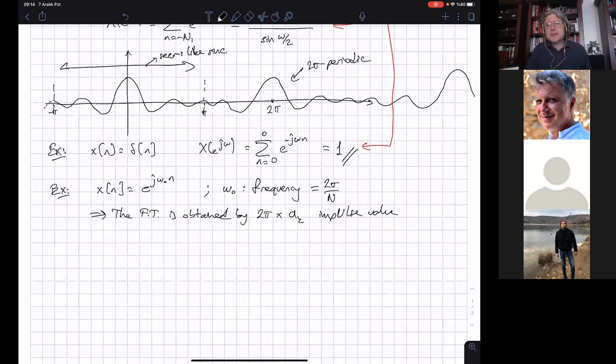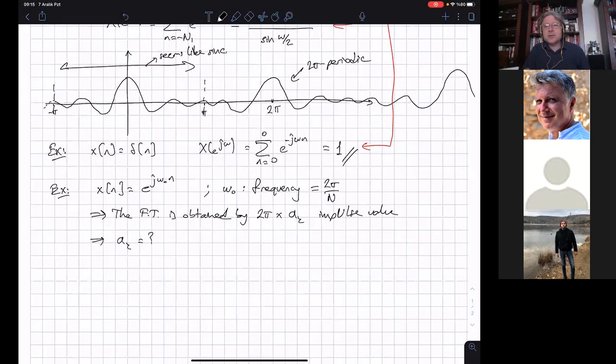Where's the impulse? The impulse is at the corresponding harmonic frequency. Now, what is the Fourier series coefficient, or what are the Fourier series coefficients of this x of n?